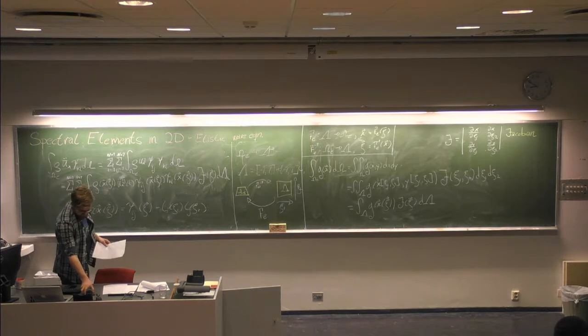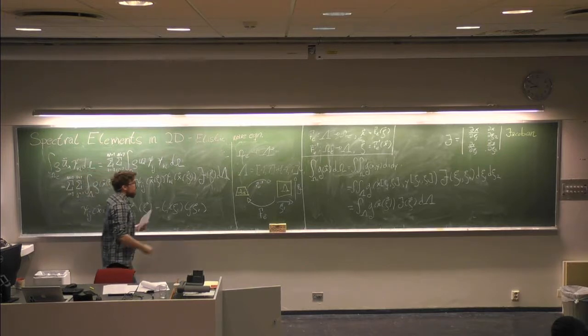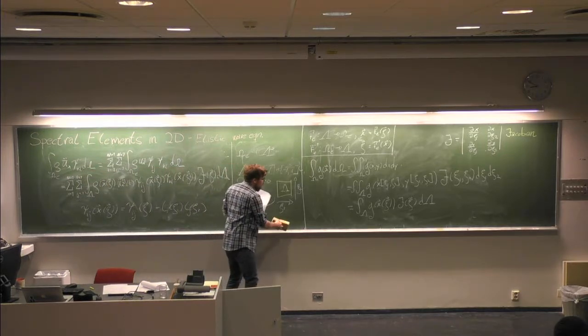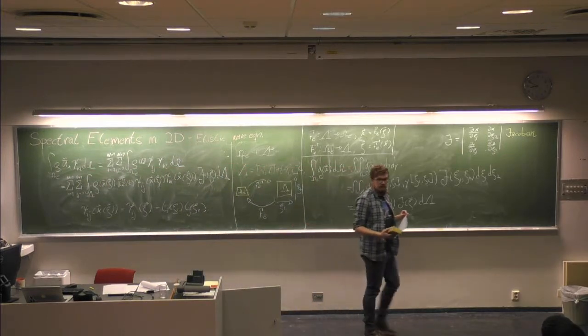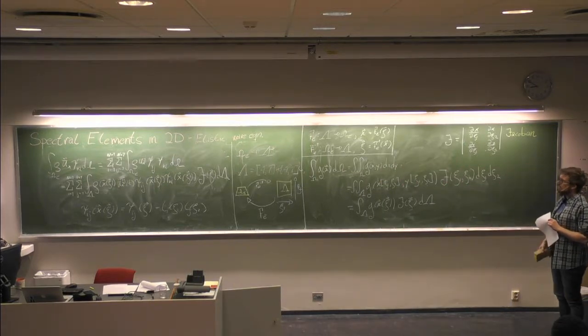And we're getting there. Again, we use this GLL quadrature. Am I going a bit too fast? Do you want time to write off the blackboard?